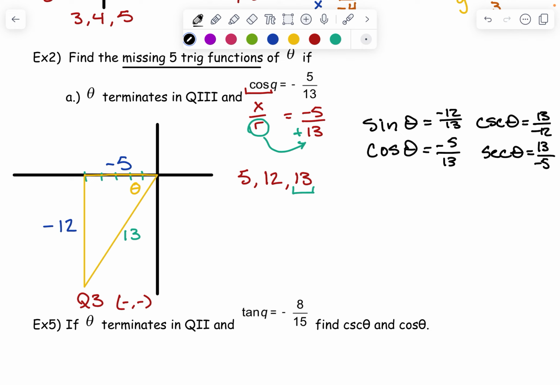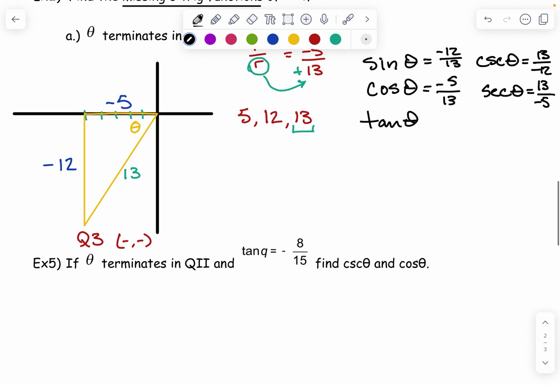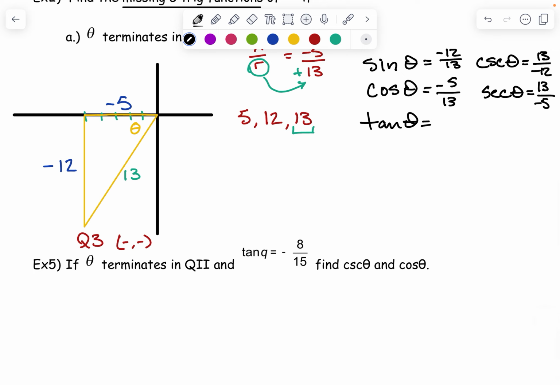And then we can go to tangent, which is going to be y over x. Negative over a negative gives me a positive.